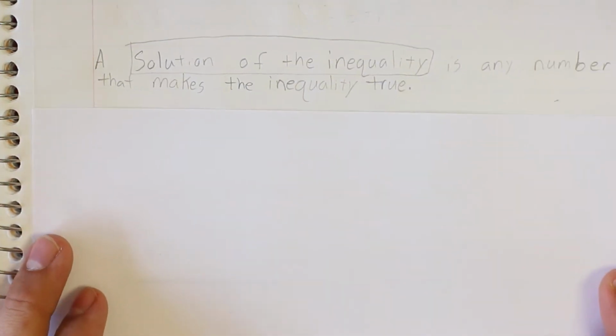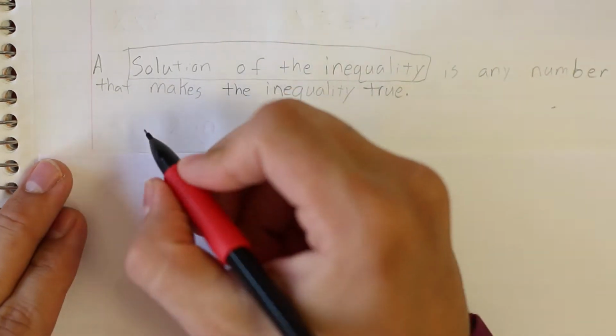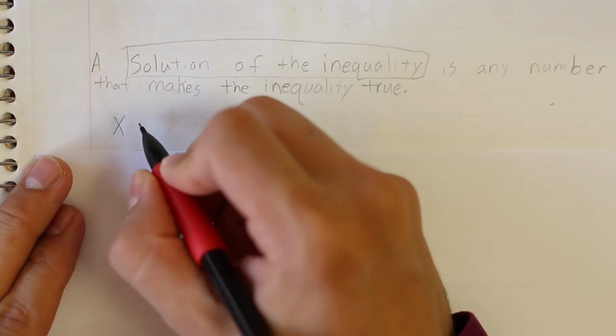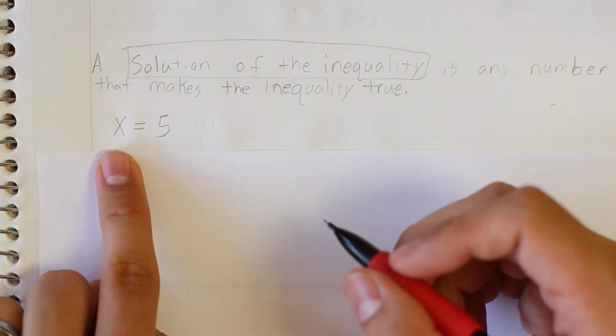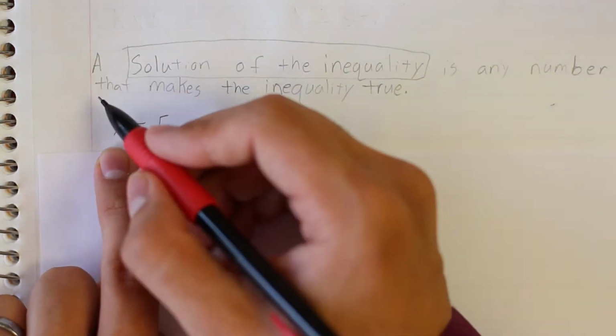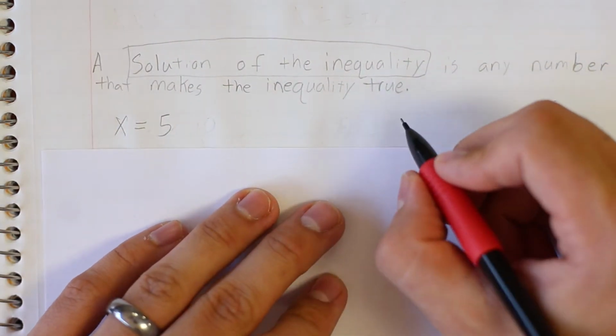Another definition that we need to cover is a solution of an inequality is any number that makes the inequality true. Just like when we had equations, where if you had x is equal to 5, what value for x would make this true? Well, 5. If x is 5, then this equation right here is true.